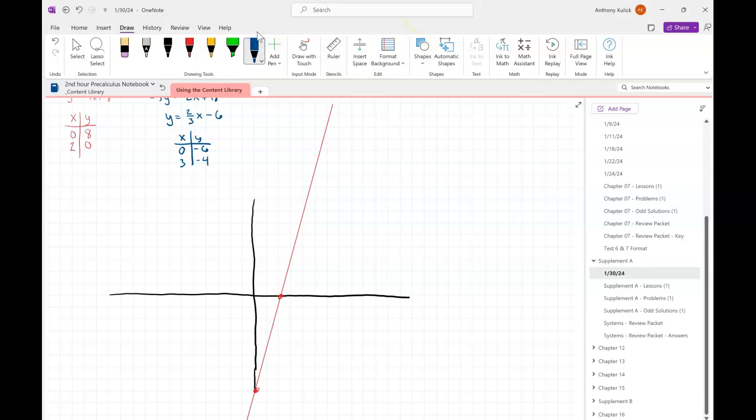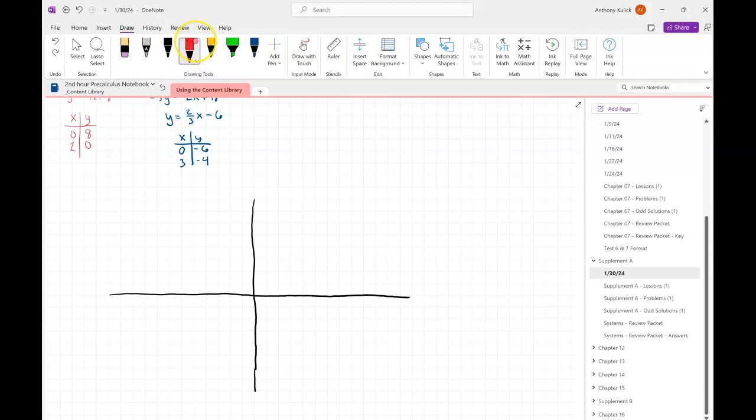And then we'll go, oh my goodness gracious, what did I do wrong here? What points was I supposed to graph for the red line? What's it say in my table? Yeah, look at what I plotted though. I plotted 0, -8. Oh, Mr. Kulik.